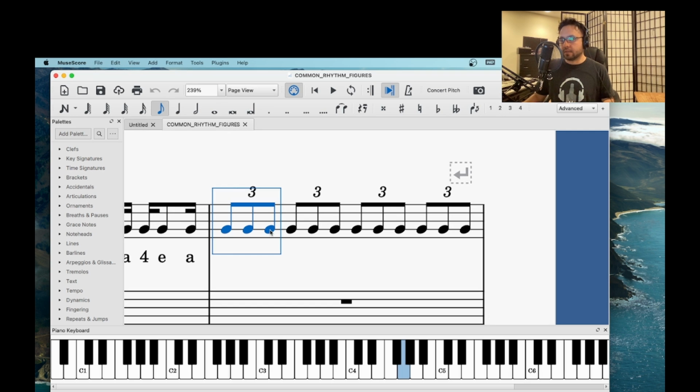In that case, we have what are called triplets. So how does this sound? That would be 1, 2, 3, 4. Ta ta ta ta ta ta ta ta ta ta ta ta. Now on the keyboard, 1, 2, 3, 4.